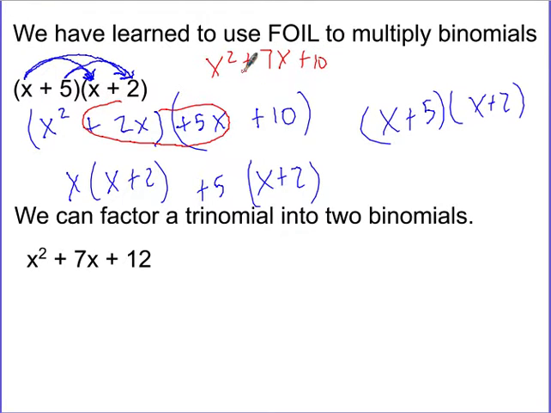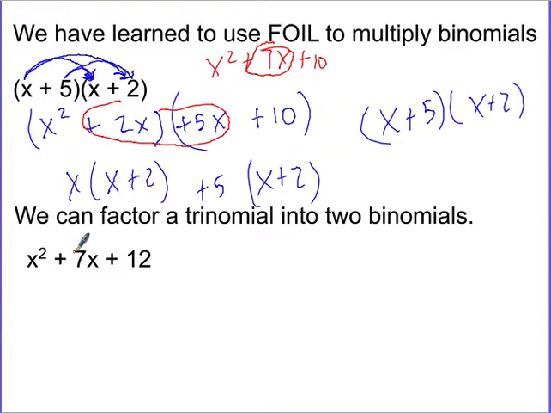So the question becomes, how do we factor a trinomial when these two middle terms have already been added together? We can't factor by grouping because we've got 3 terms. We have to have 4 terms to factor by grouping, right? So what do I do here to separate those two back out so that I can factor it? That's the problem. You with me? Does that make sense? Okay.